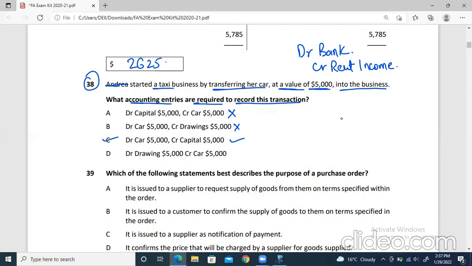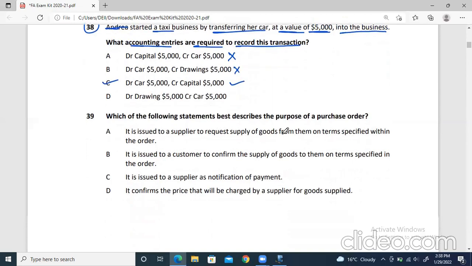So from the business point of view, she's getting a new car and increasing the non-current assets. That's why we debit car by 5,000, and credit capital also increases by 5,000. Okay, so option C is the correct one over here. All right, got it? Clear? Yeah. Okay, now let's do the next one.